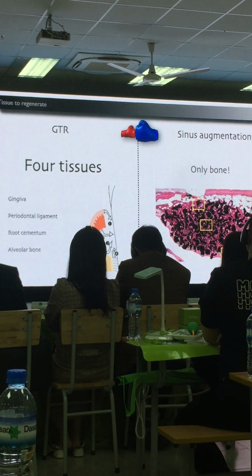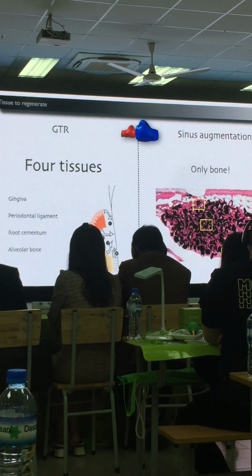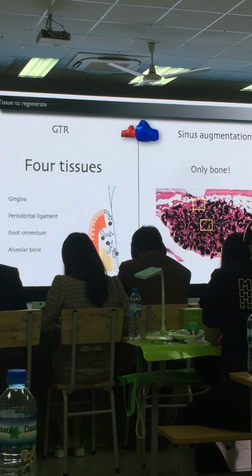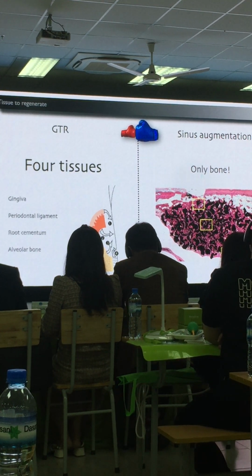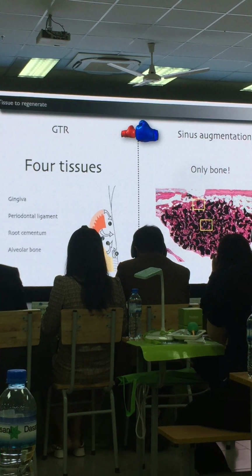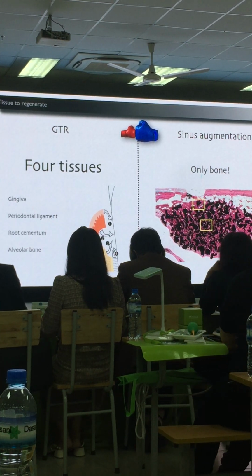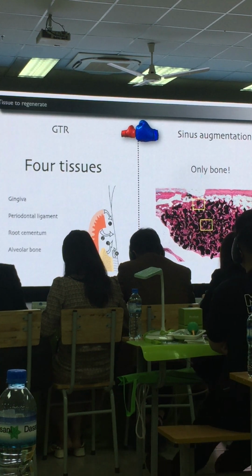In terms of tissue to regenerate, 4 tissues, including gingiva, periodontal ligament, root cementum, and alveolar bone, need to be regenerated. Those tissues are quite different in origin and progenitor cells: fibroblast, cementoblast, and osteoblast. On the other hand, for sinus augmentation, only bone tissue is needed. Very simple.